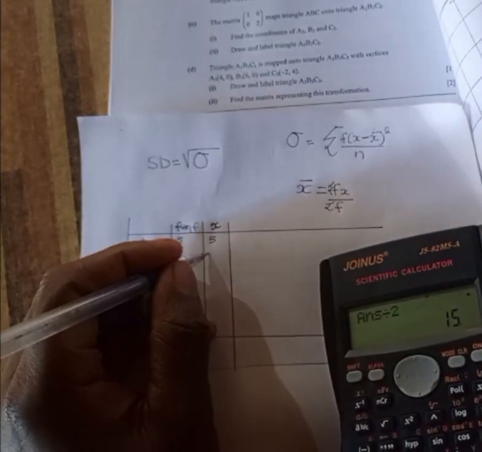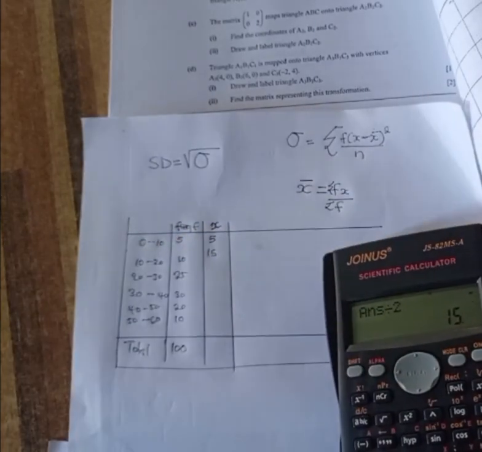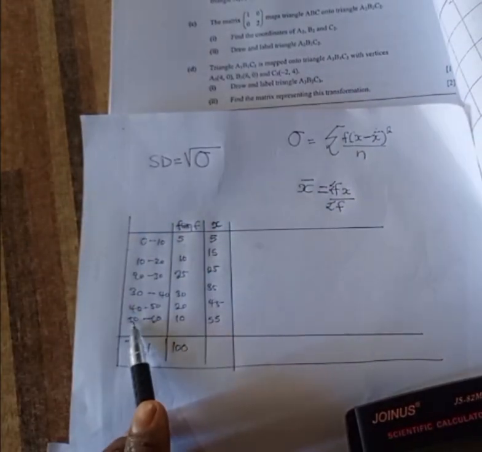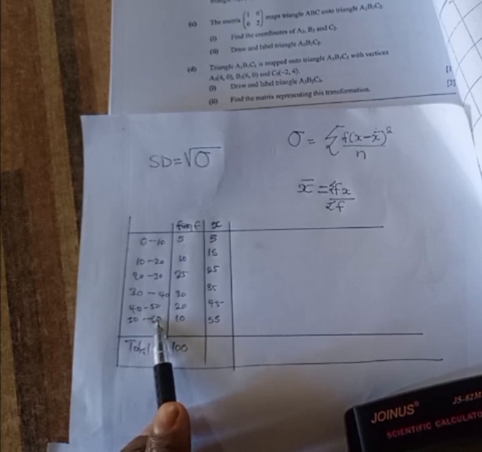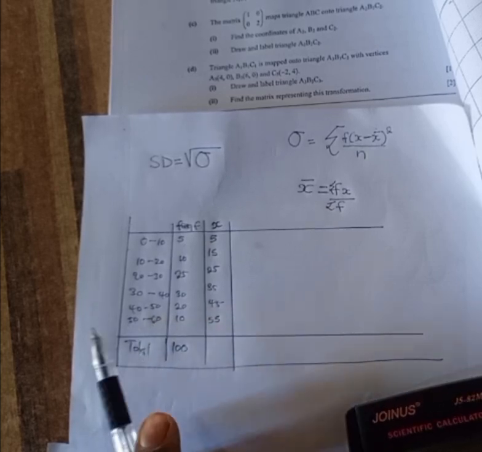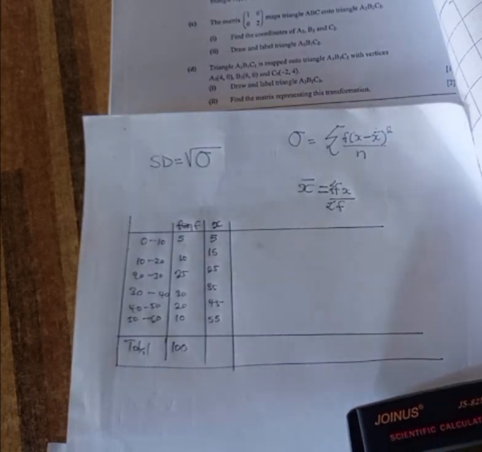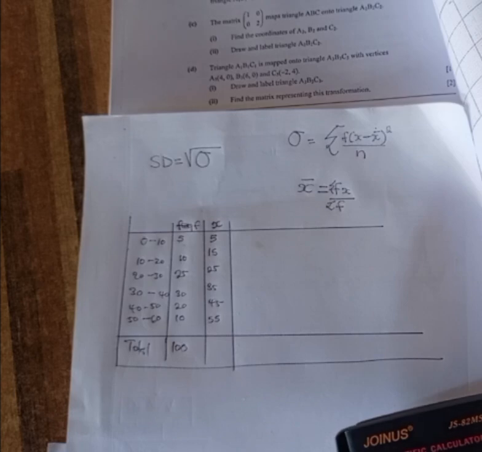The answer will be 15. Okay, we have moved up to the end. We have done 50 plus 60. Whatever answer we get, we divide it by 2. So that is what we have.